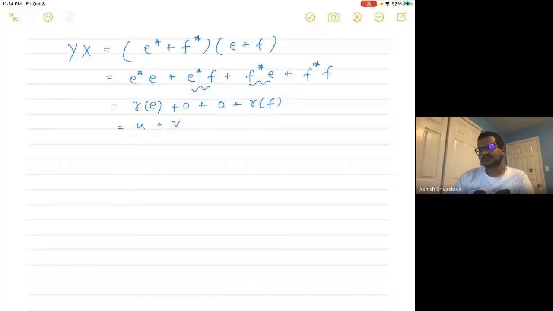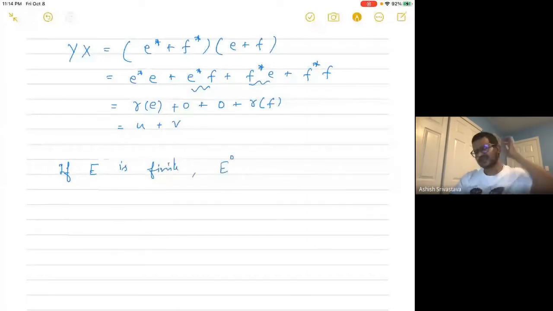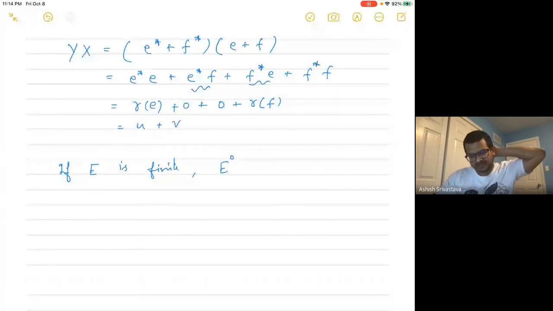Now, it's not too difficult to see that if E is a finite directed graph, finite means E naught is finite. A finite graph really means that the number of vertices is finite.